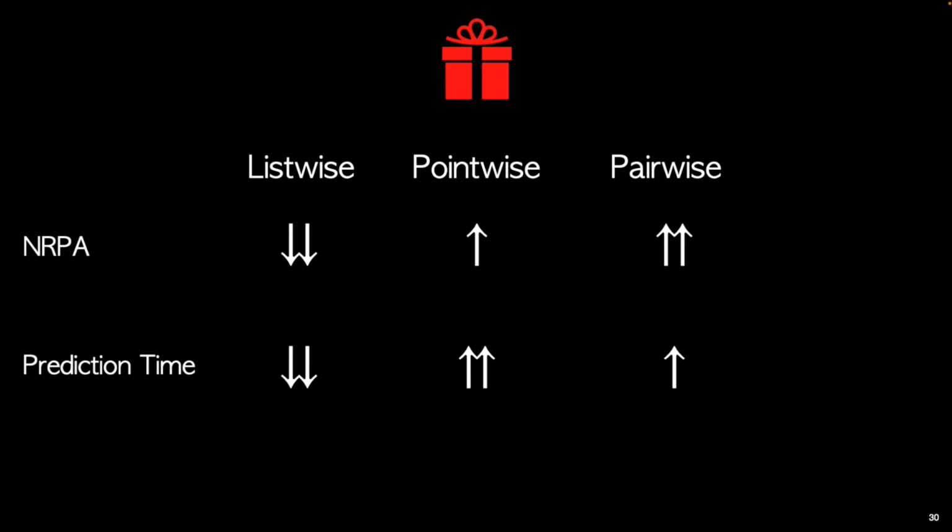So to wrap up, considering all the ways this problem can be modeled, and the two metrics, ranking performance and prediction time, we have that listwise is the worst of the three in both metrics.